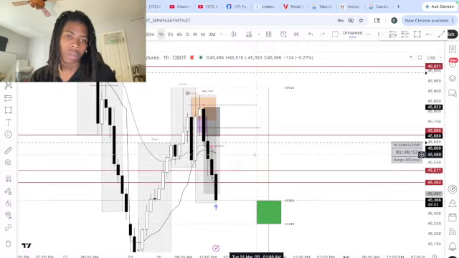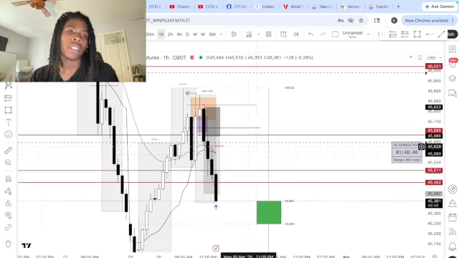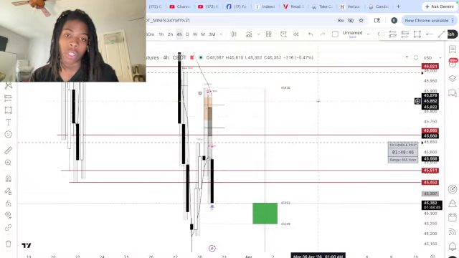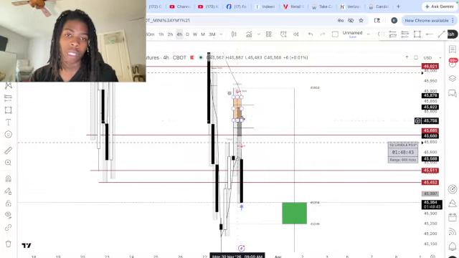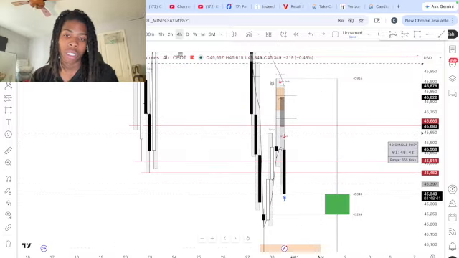So that was just confirmation for me to sit through it even longer. And then the 4 hour was even more confirmation. We closed with double rejection wicks.